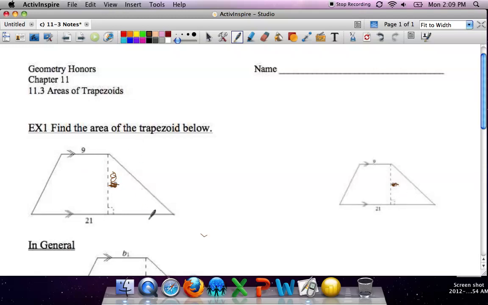So to find the area of this trapezoid, we can think about what we did with the triangle in yesterday's class, where we take a mirror image of it and fold it back over on itself.